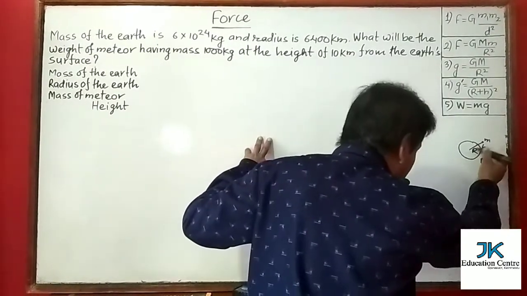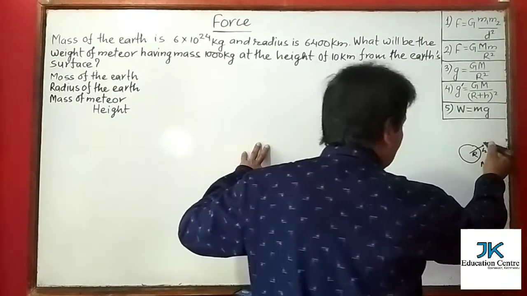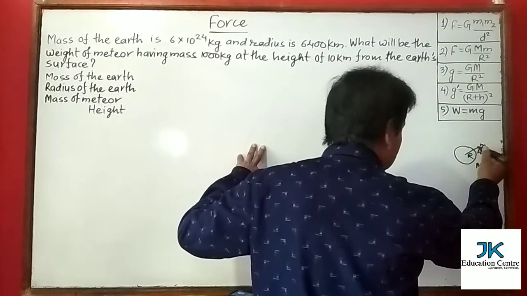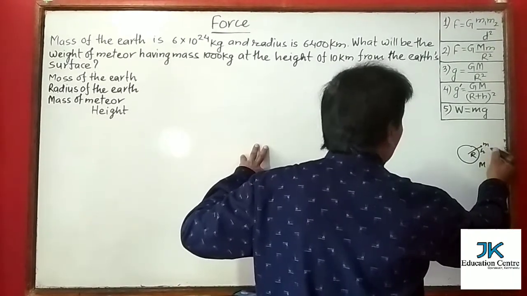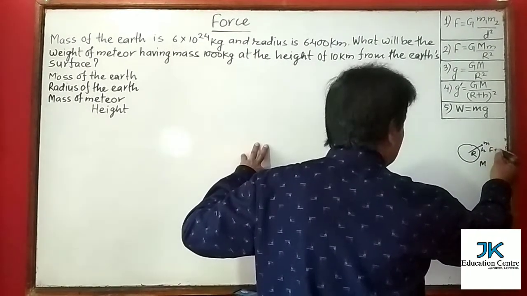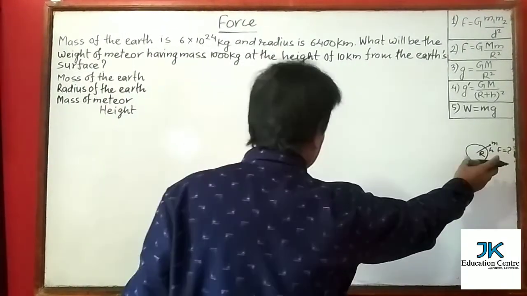That means the weight of this meteor. Weight of the meteor means the gravitational force of the earth acting on that meteor. That's why weight or gravitational force is equal to what? This is the situation of this question.